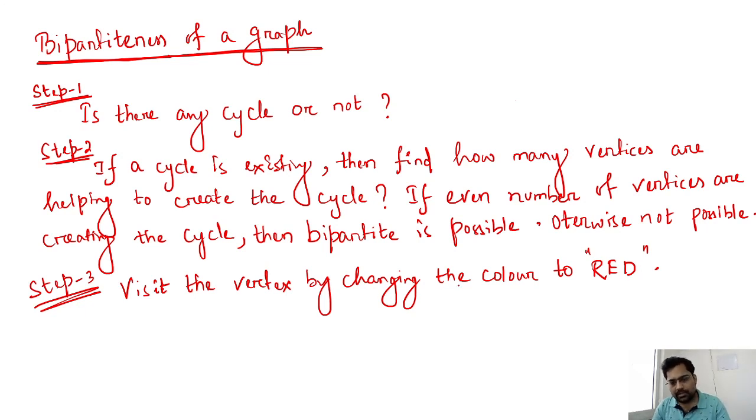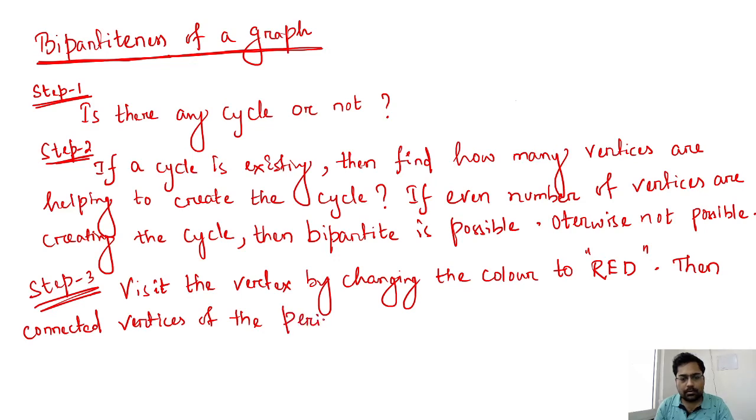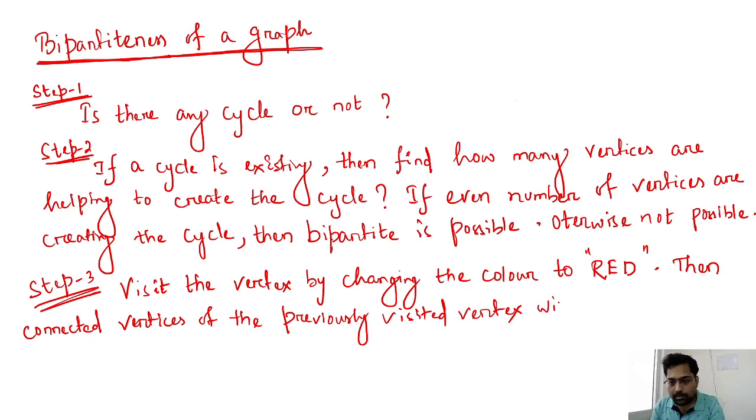Visit the vertex by changing the color to red, then the connected vertices of the previously visited vertex will be colored as blue. You can also use blue.